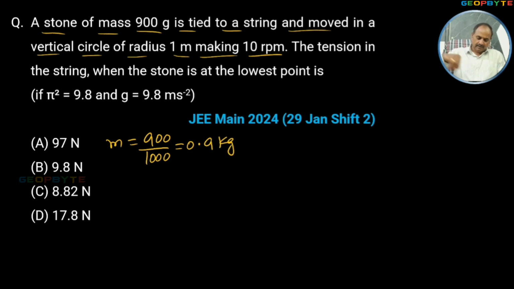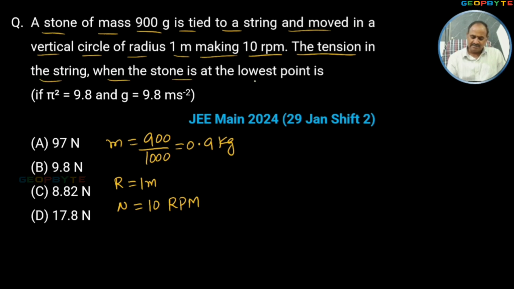It is moving in a circular manner. The radius r equals 1 meter. It is making number of revolutions n equal to 10 rpm, revolutions per minute. Find the tension in the string when the stone is at the lowest position. Here pi square value and g value are given.